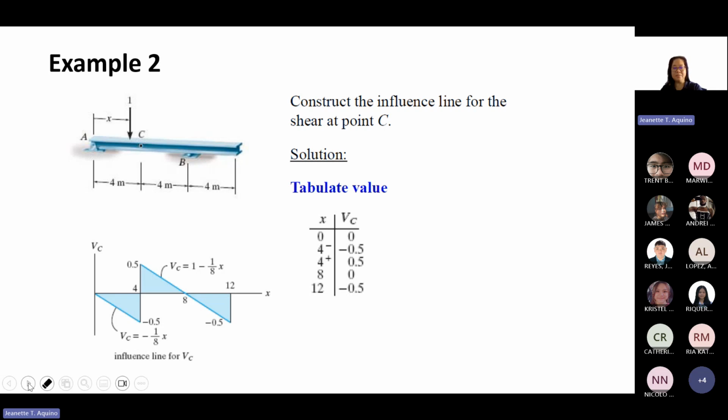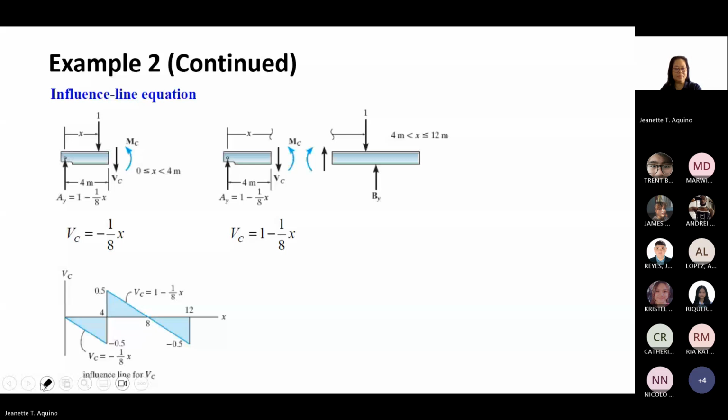So we draw this. Our beam has a support here, sorry, I cannot draw a straight line, and then you have a roller here.